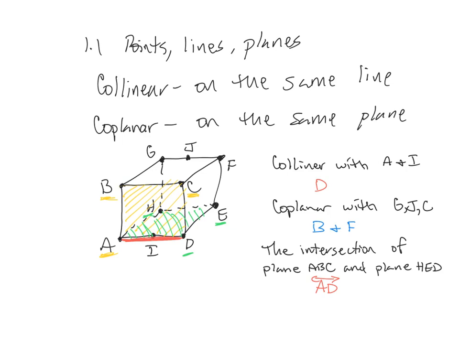We just draw a cube. So when they intersect, they're going to intersect at a line because it goes forever and ever also. So you will have different questions around this cube.